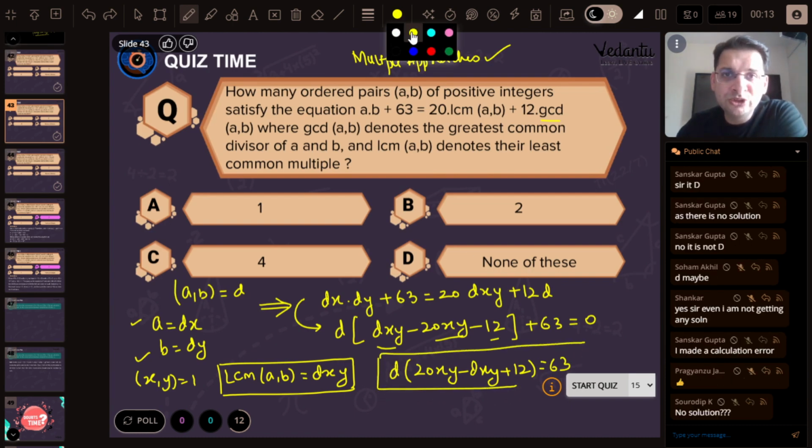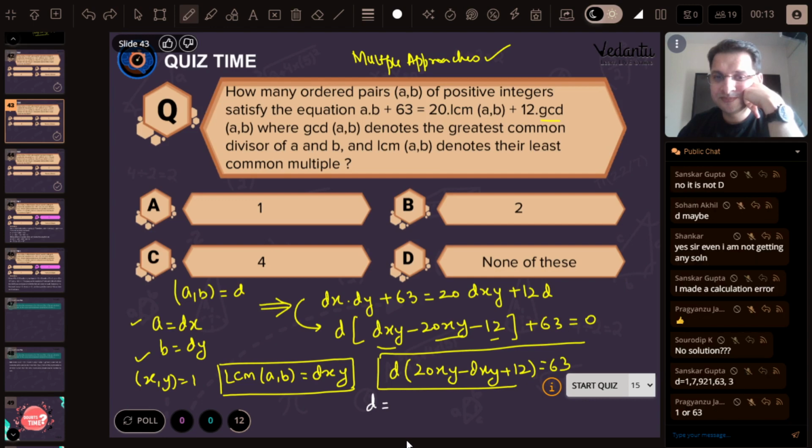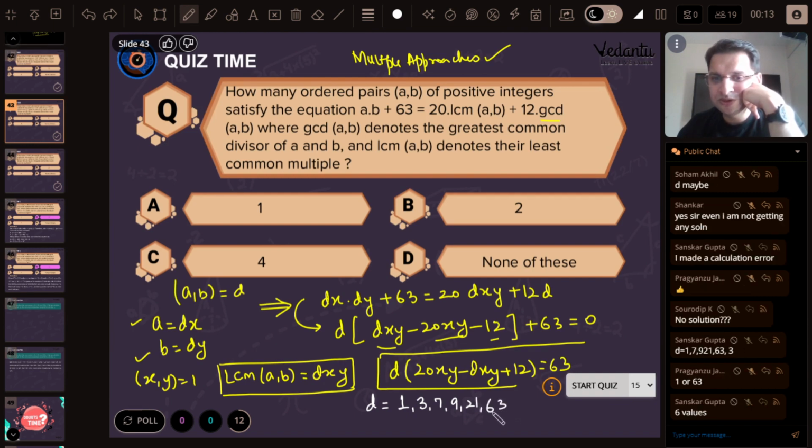So the product of these two integers is 63. What are the possible values of d, guys? d can be 1, d can be 3 also, d can be 7, 9 also, 21 also, 63 also.